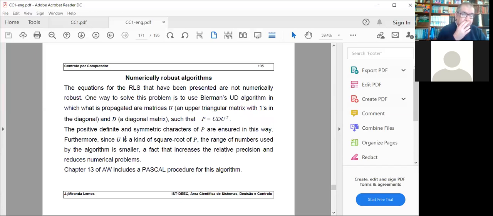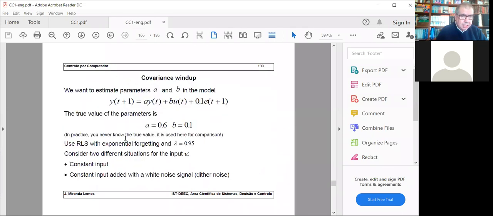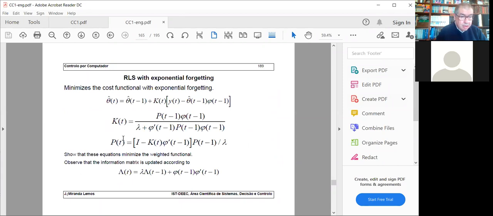Still another thing. The formulas I mentioned to you are nice in analytical terms, but in numerical terms, they are very bad. And this happens because you are making a subtraction of matrices. Let's look again at the formulas.